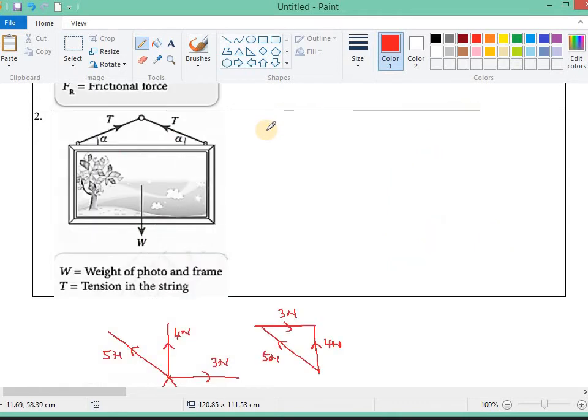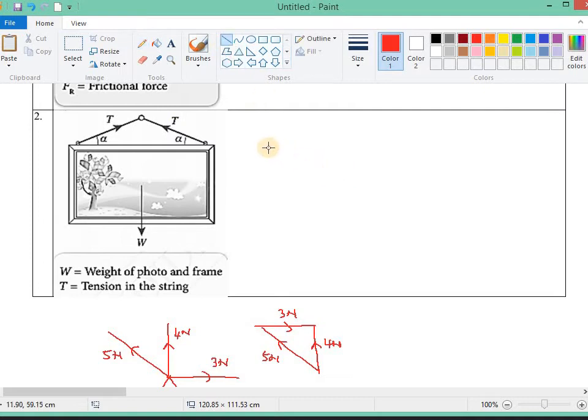Okay, let's look at this number 2. Like what we discussed just now, to draw the triangle of forces is actually very simple. We just move these three lines that represent the three forces to form the triangle of forces.